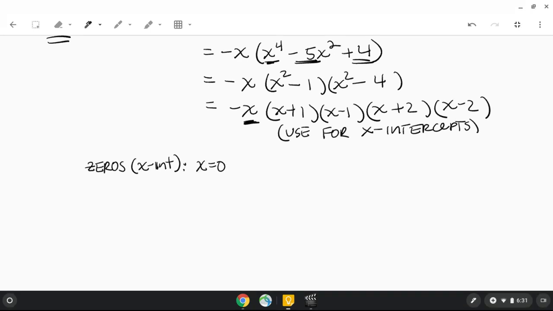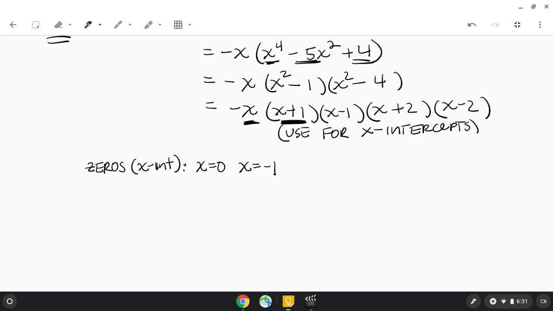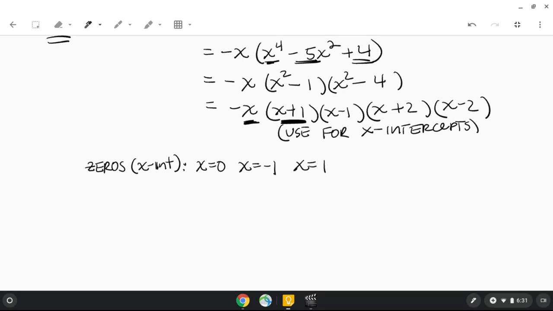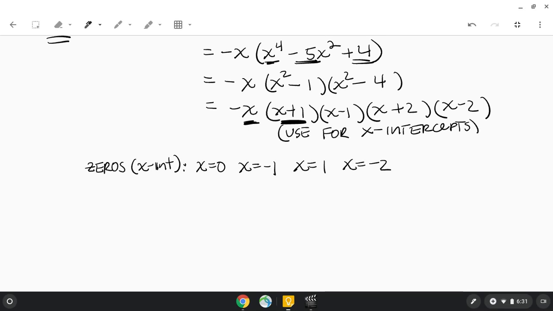Okay, and then over here, the next factor, I get x equals negative 1. Okay, the next one, I get x equals positive 1. The next factor, I get x equals negative 2. And the last one, I get x equals positive 2.